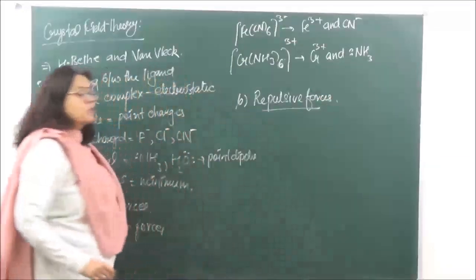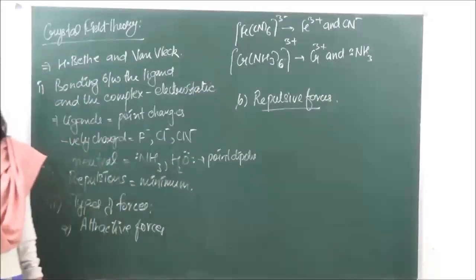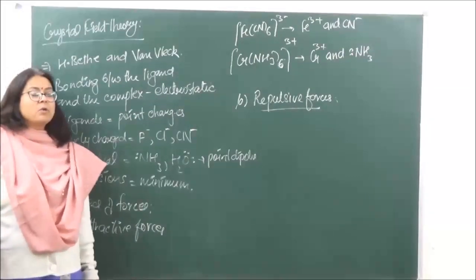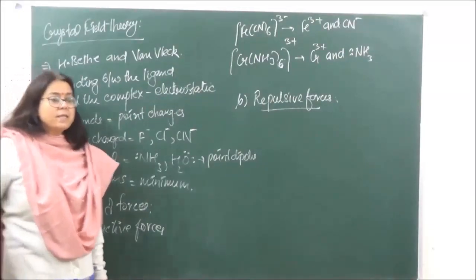the second type of forces are going to be repulsive forces. Okay? So repulsive forces are going to arise between the lone pair of ligands and the electrons in the d-orbitals. Because when we were looking at the valence bond theory, there were electrons present in the d-orbitals.